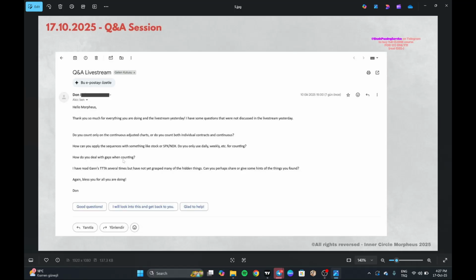Time distortion and some time contractions are actually the gaps in the time axis, but we don't see them as gaps. I only deal with the gaps on the time axis. I don't even try to deal with the gaps on the price axis. Basically, I ignore them. I do nothing about that.